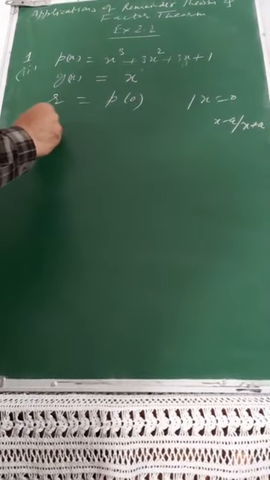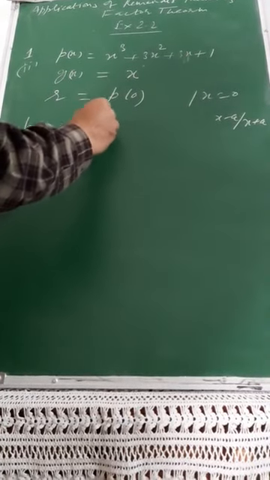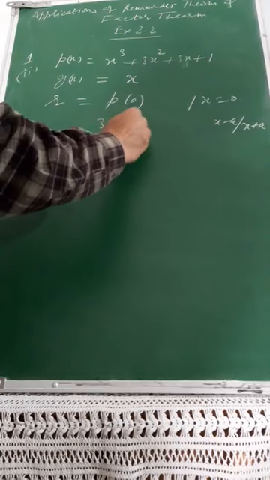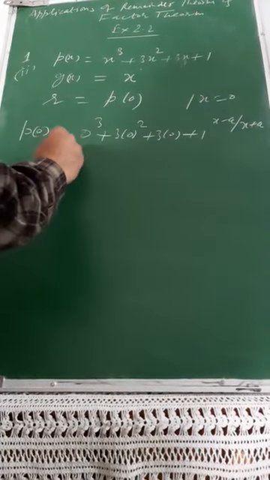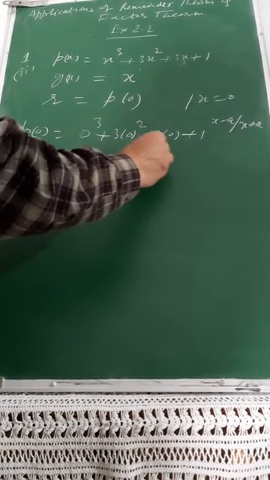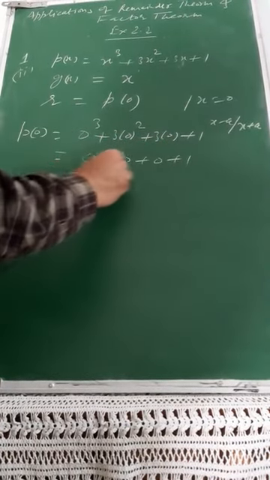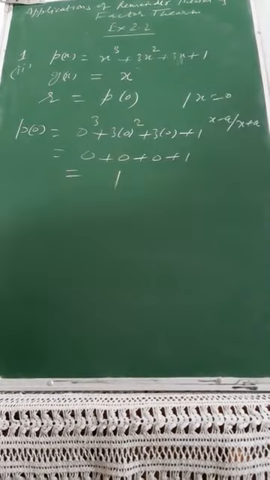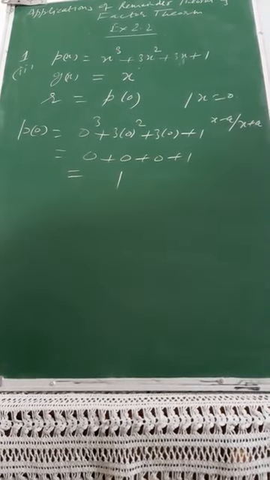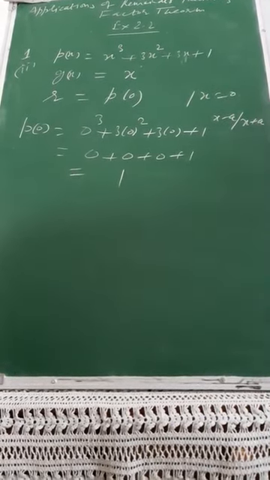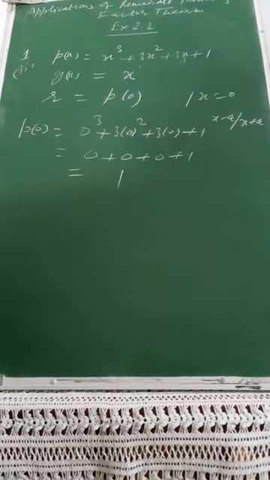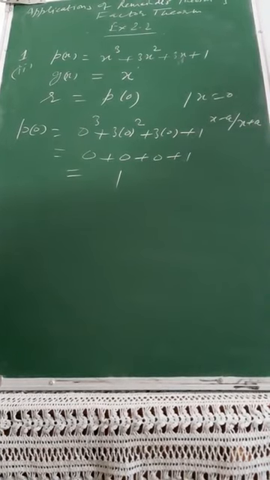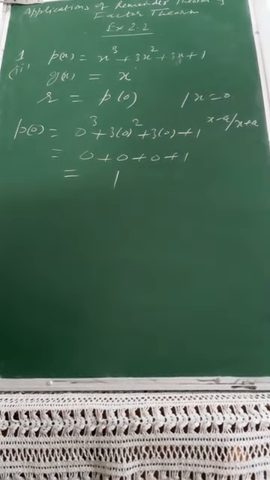So p(0) is 0 cube plus 3 into 0 square plus 3 into 0 plus 1. So 0, 0, 0 plus 1, your answer will be 1. So the remainder when you divide it by x will be equal to 1. Because your divisor is not lying in the form of x minus a or x plus a, when it is only x, your remainder will be equal to p(0).